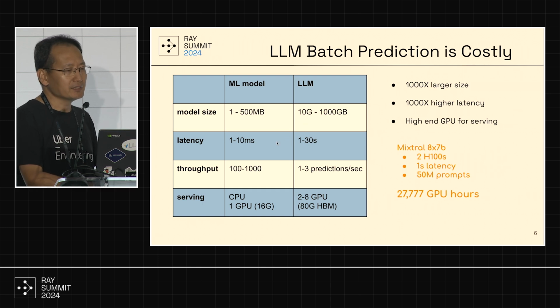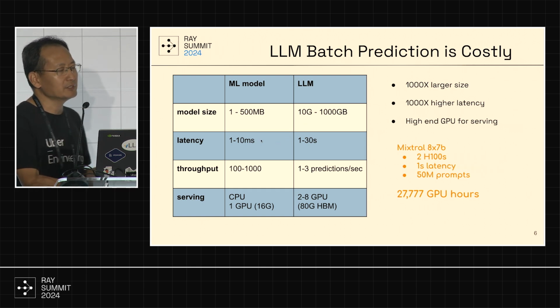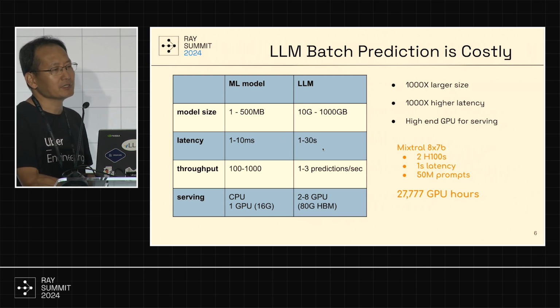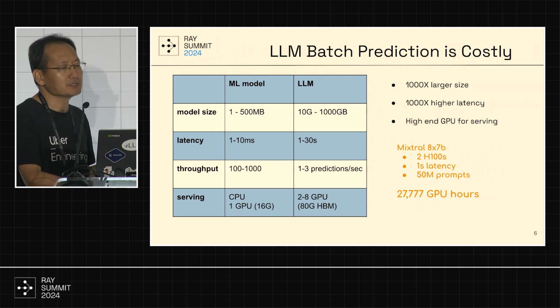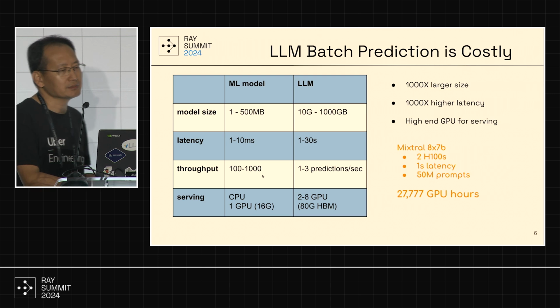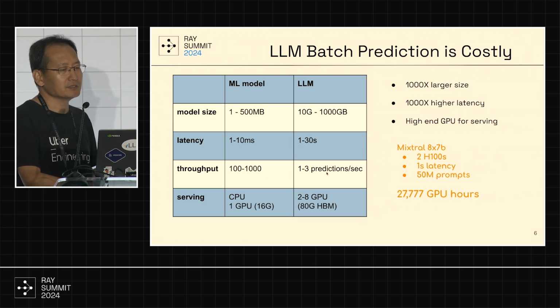Latency-wise, typically our ETA model is less than 10 millisecond latency. But for large language models, it can go to seconds, or tens of seconds, depending on how many tokens you want. Throughput: traditional models can handle 100 to 1,000 predictions per second, while for large language models you can only get a couple predictions per second.